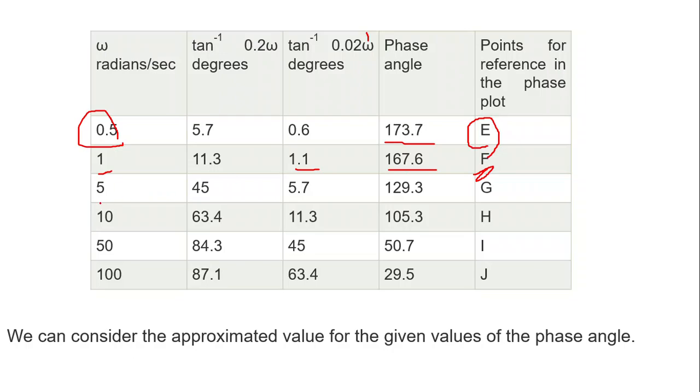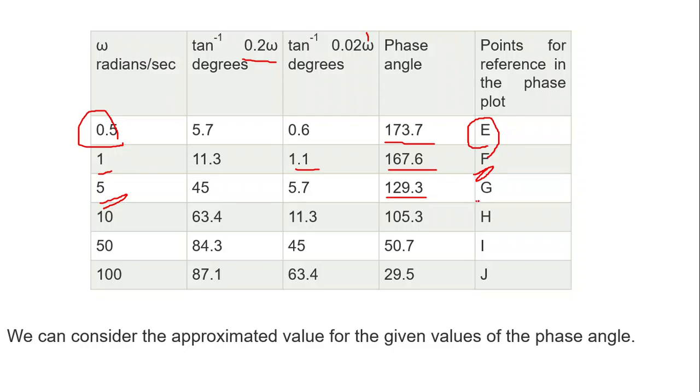After that we take the omega value 5. We substitute in tan inverse of 0.2 into 5, that is 45. After that we substitute in tan inverse of 0.02 into omega, and the corresponding phase angle is 129 degree.